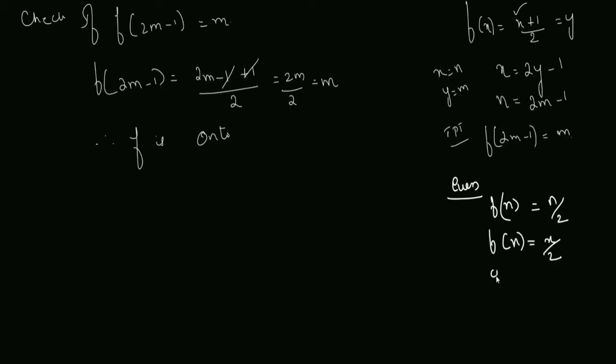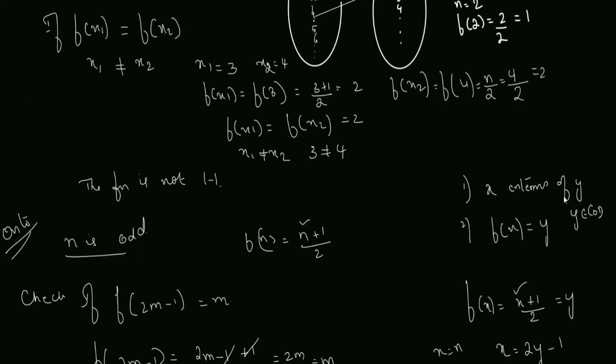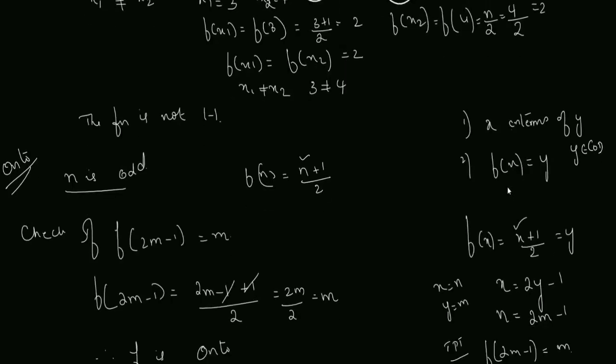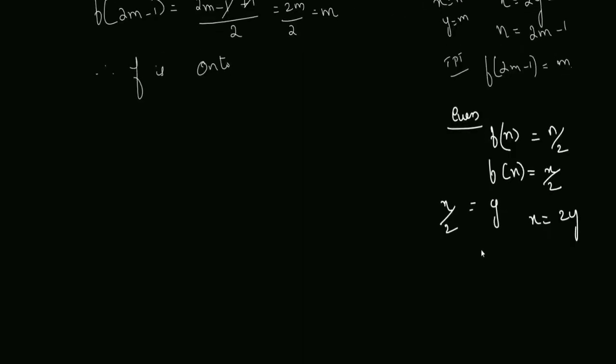So you write y as x by 2, then you write x in terms of y. That is the first step you should do, x in terms of y. All the sums you write like this. Now you have to prove f of x is equal to y. That means we have to prove f of 2y is y. So we have to check.